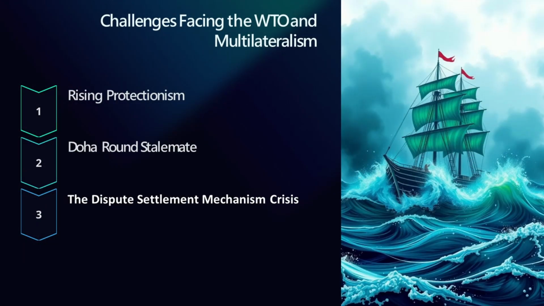One of the most significant challenges to multilateralism is the rise of protectionist policies and nationalist trade rules. So in recent years, what happened? Many countries, including major economies like the United States, have increasingly turned to unilateral measures such as tariffs, trade restrictions, and subsidies.